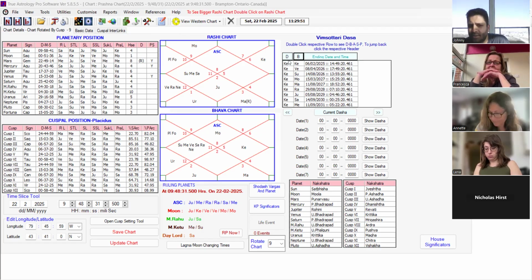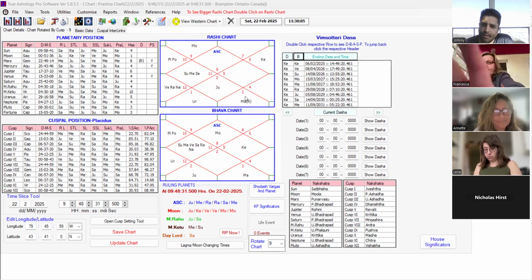But not just the sign, also what other planets are aspecting it. If you look at this chart, you see Moon sitting right here, and then you see Mars sitting right across from it. Mars is the planet of aggression. Mars is looking right at Moon.